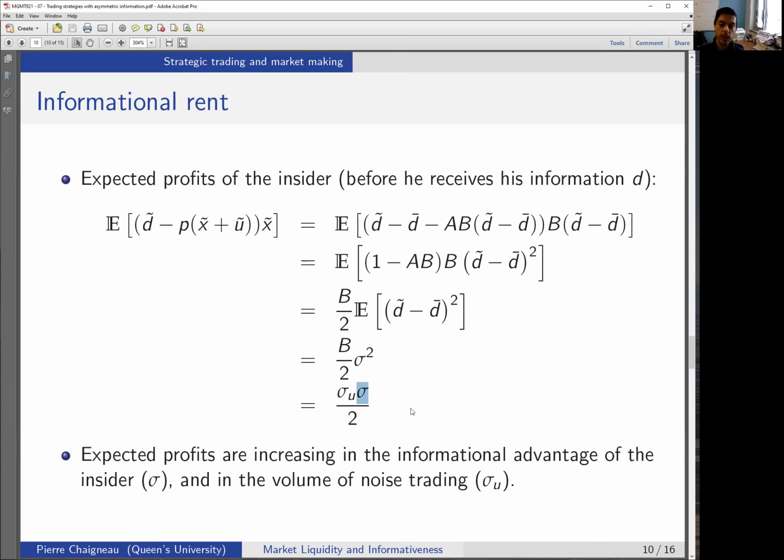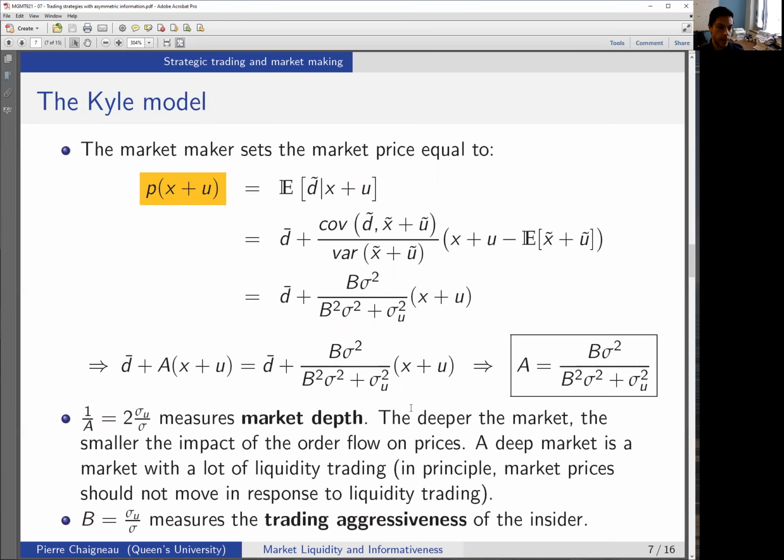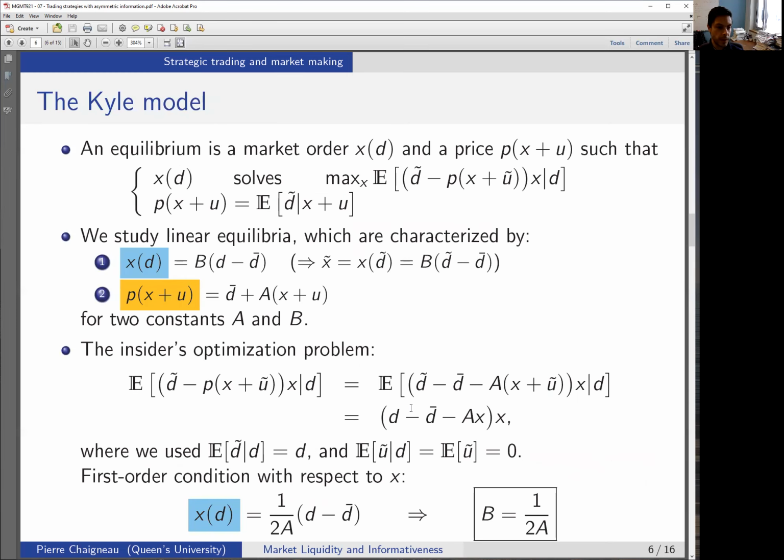The first one is that you need sigma to be positive. Again, sigma is a measure of the informational advantage of the insider compared to the market maker. The larger sigma is, the more the insider knows that the market maker does not know. Okay. So for example, if sigma were equal to 0, the market maker will already know D as well.